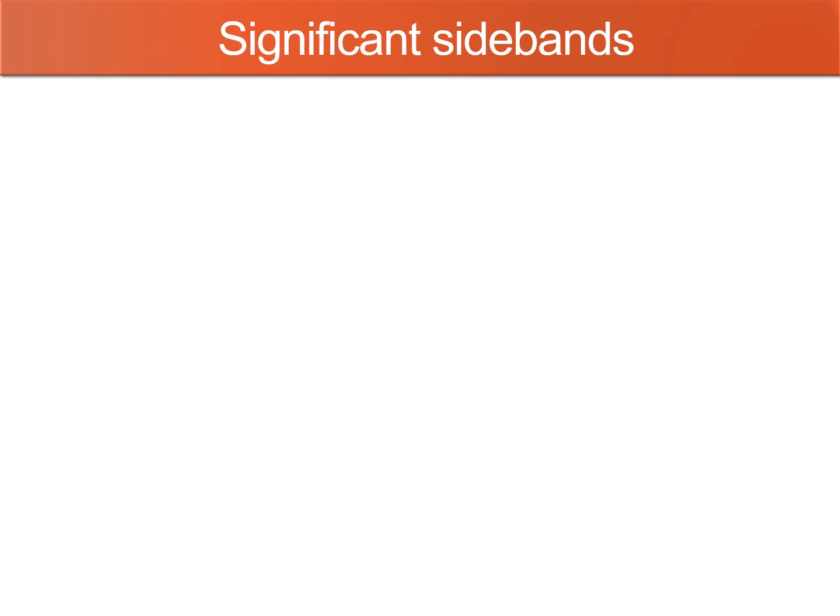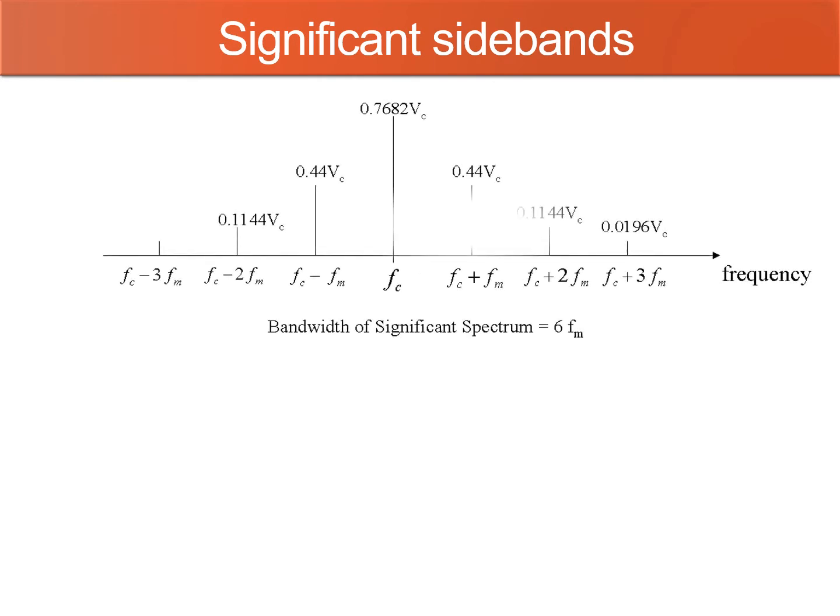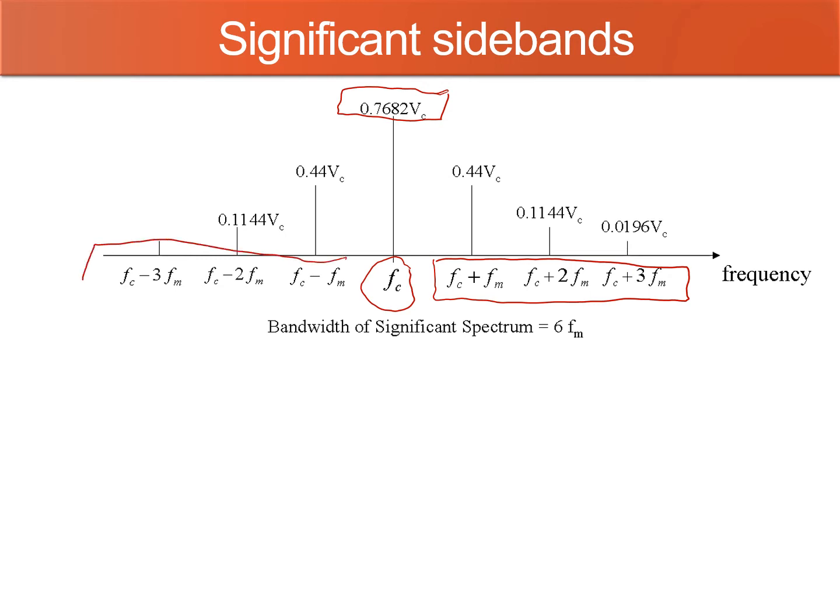So, significant sidebands. Here is an example of sidebands. In the middle we have the carrier frequency and its amplitude. On your right side are your upper sidebands, and on your left side are your lower sidebands.